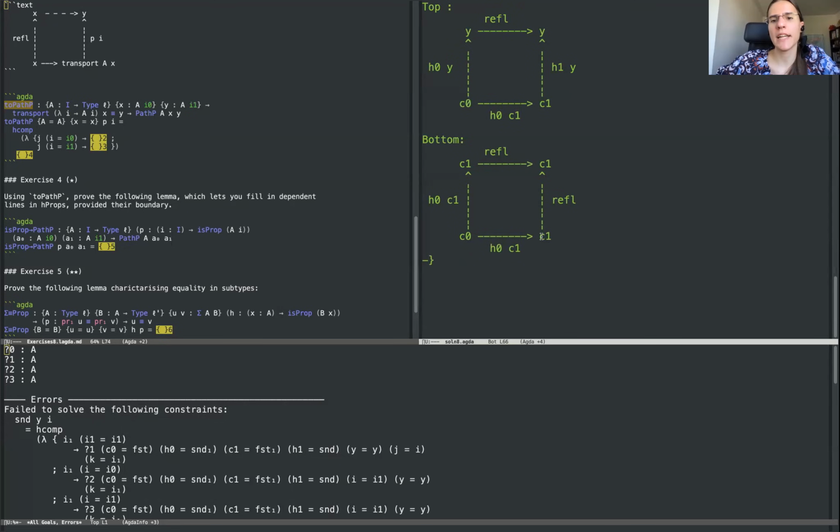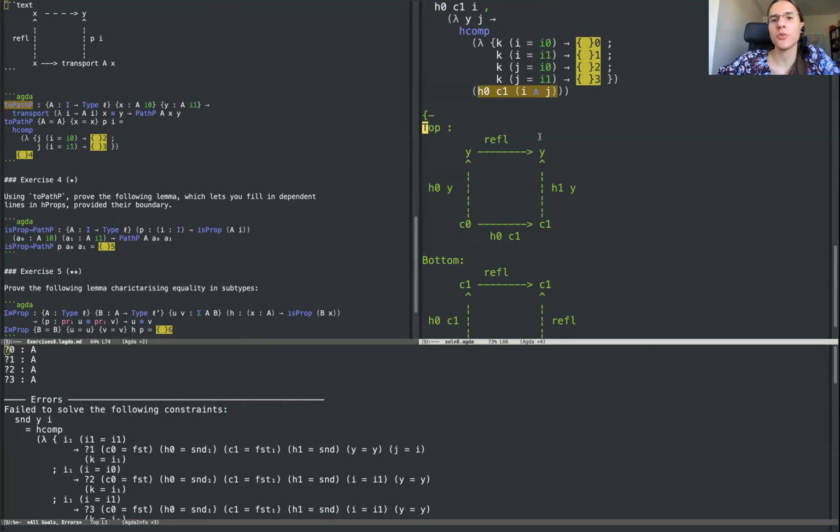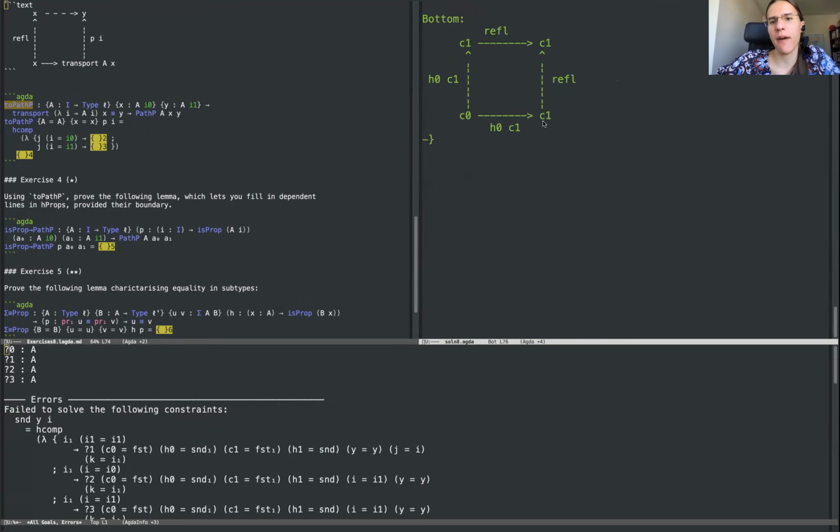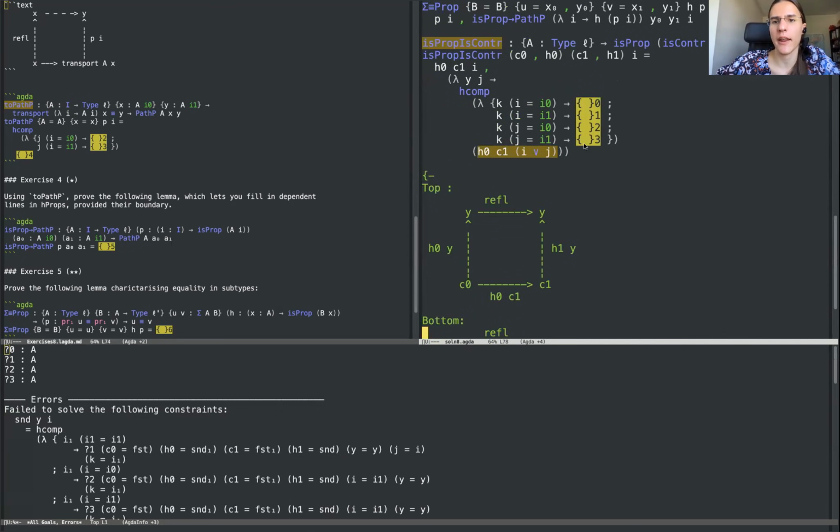Well, because yeah, I do want wedge. Sorry, I want V, the max, because if I'm here, then one of them is 0, but I want it to be at 1. You're right.